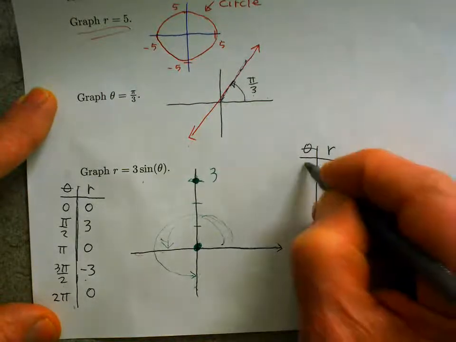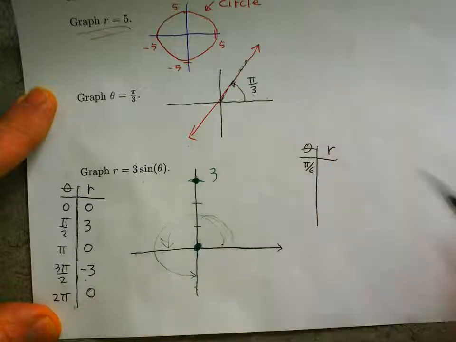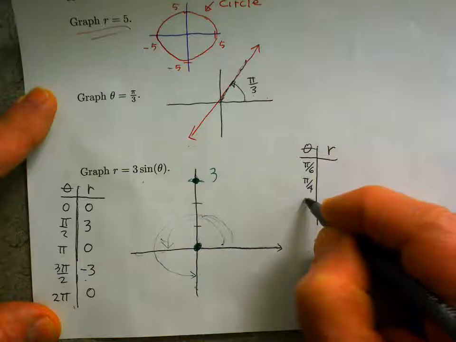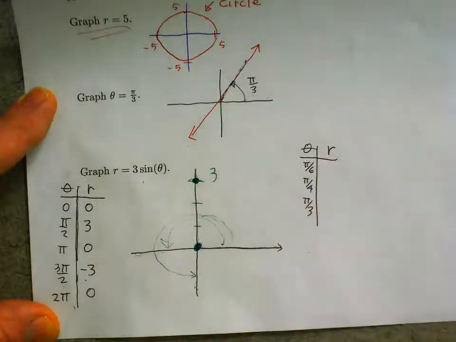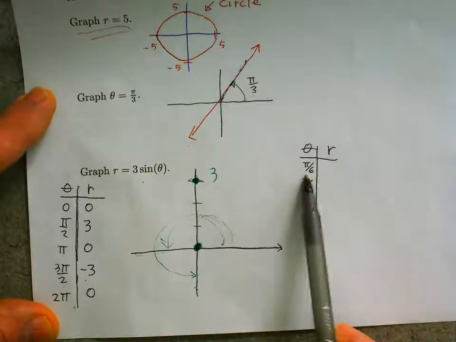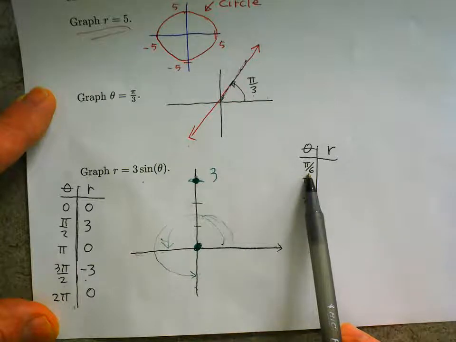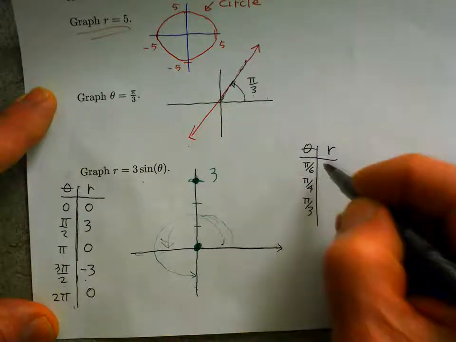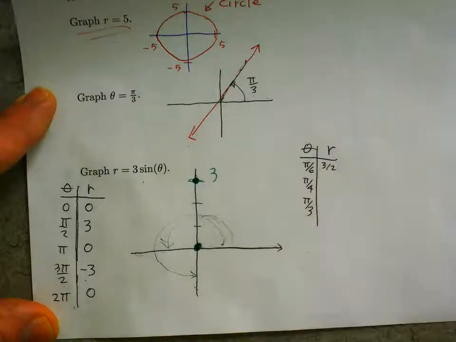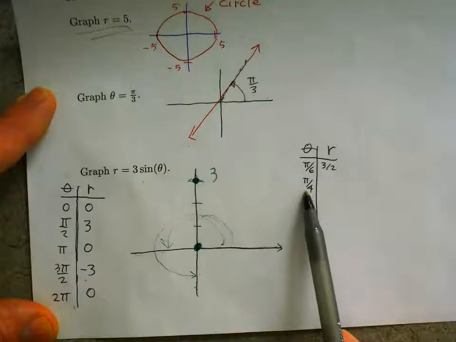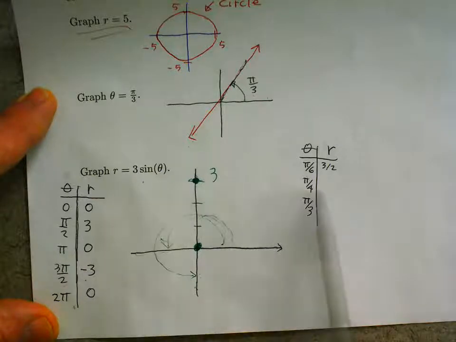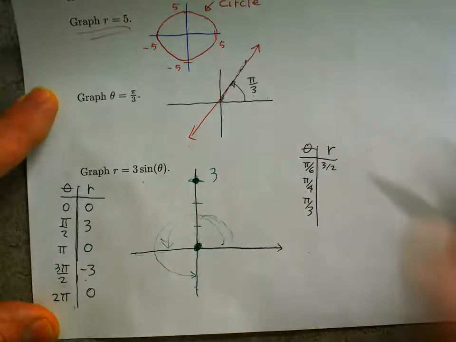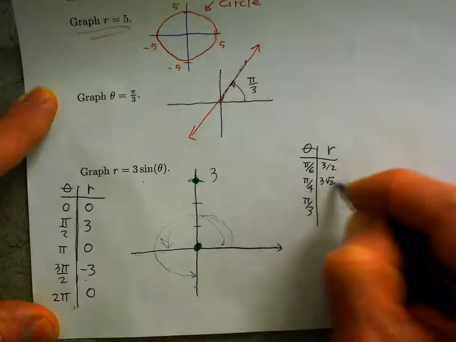So I'll pick pi over 6, pi over 4, pi over 3. When theta is pi over 6, sine of pi over 6 is 1/2. 3 times 1/2 is 3/2. When theta is pi over 4, sine of pi over 4 is the square root of 2 over 2. So 3 times the square root of 2 over 2 is the r value.